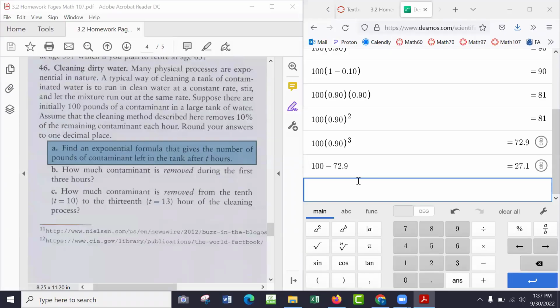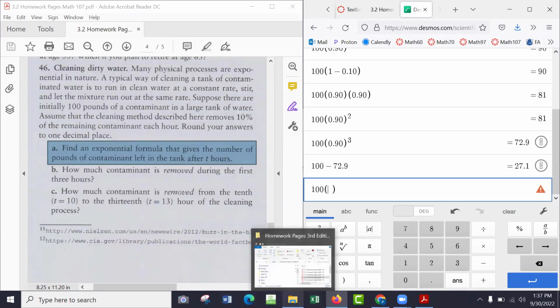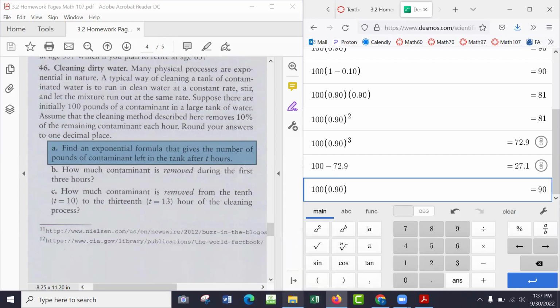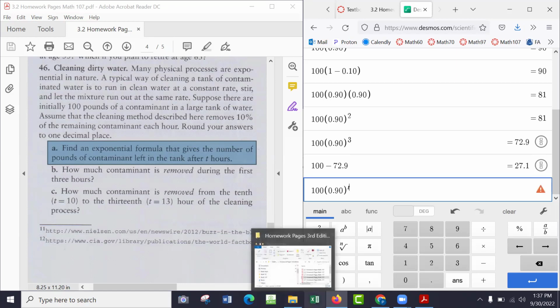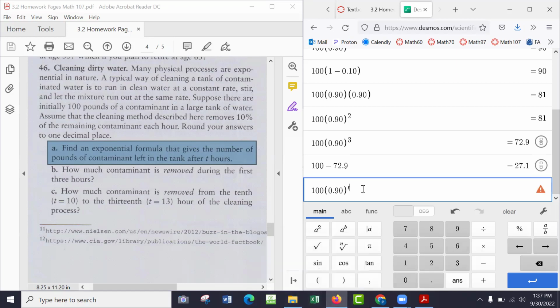All right, so the formula would be you start with 100 pounds and you remove 10% each hour. So multiply by 0.90, and then it's to the power of T, right? So that is the formula, right? Number of pounds of contaminant left, and you could say that the amount left equals that.